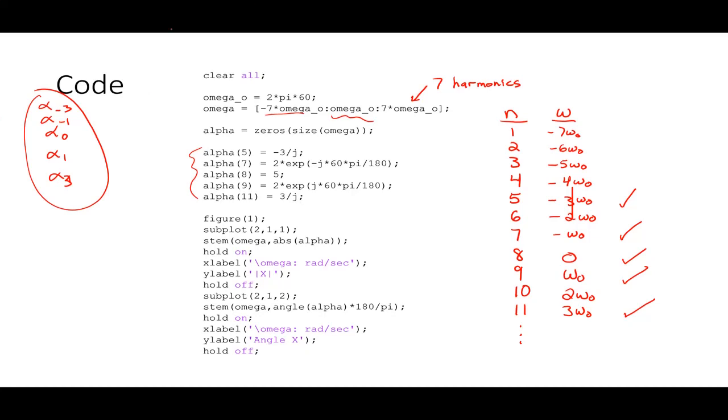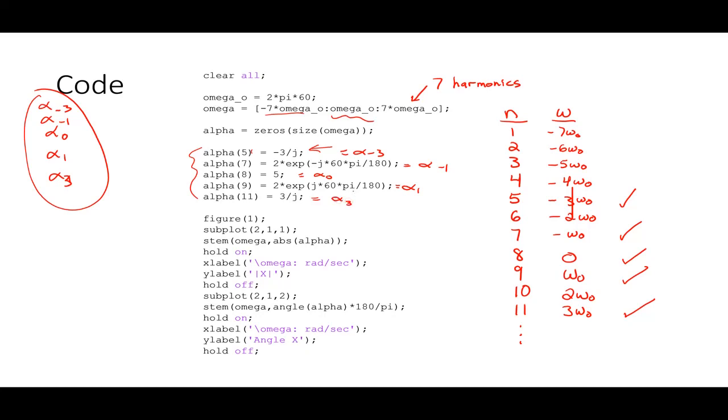So alpha of 5, I set equal to alpha minus 3. Alpha of 7, I set equal to alpha of minus 1. Alpha of element 8, I set equal to alpha sub 0. The 9th entry of the alpha vector, I set equal to alpha 1. And the 11th entry of the alpha vector, I set equal to alpha sub 3, right, from before.